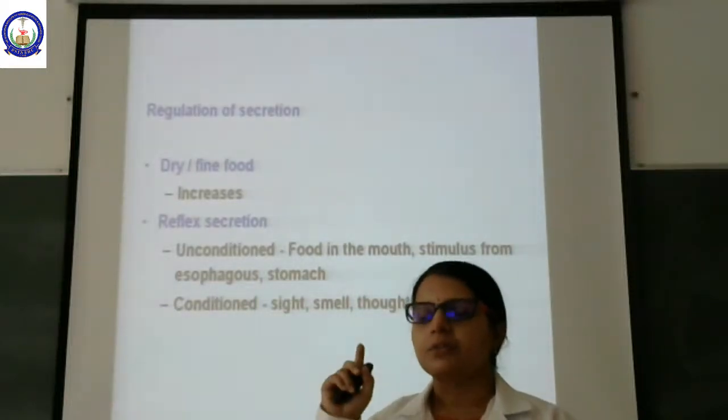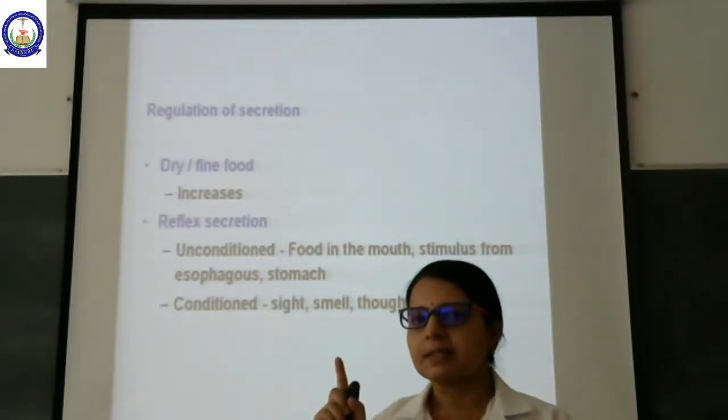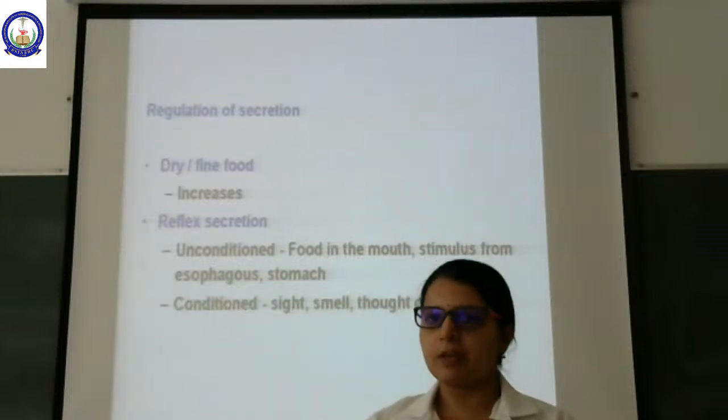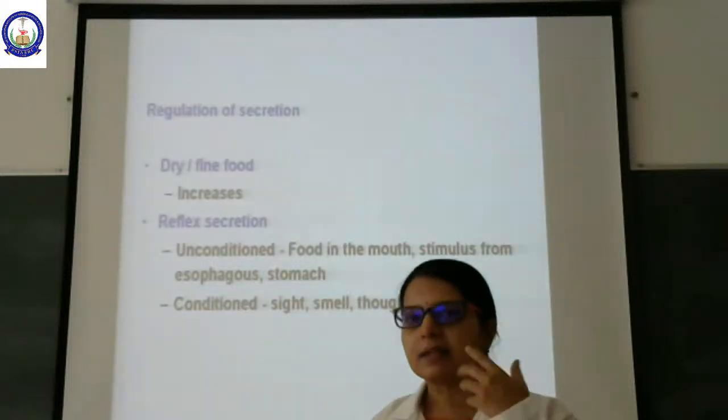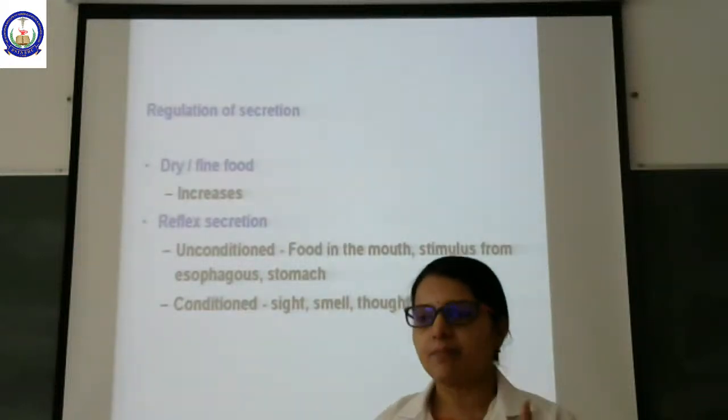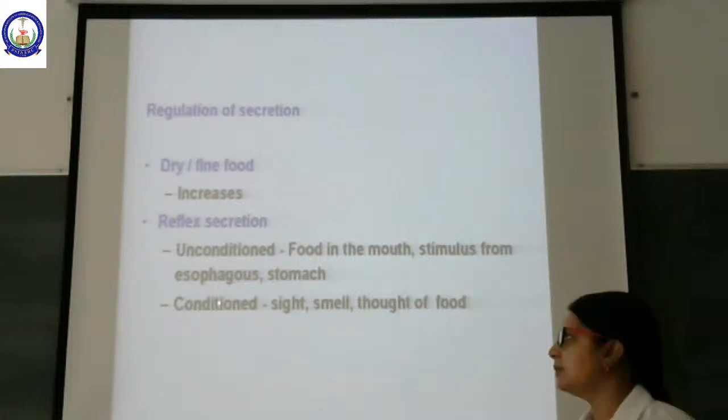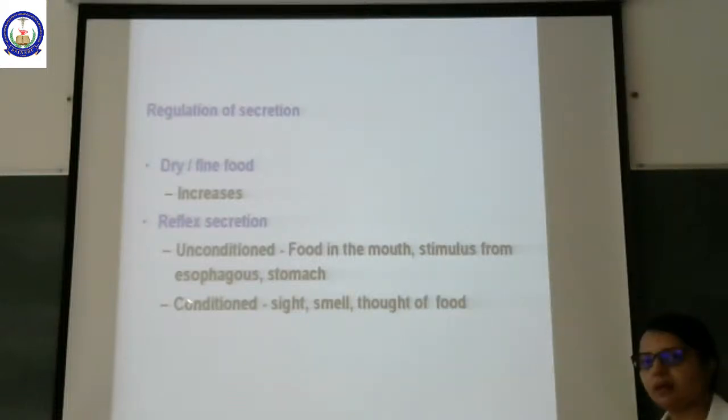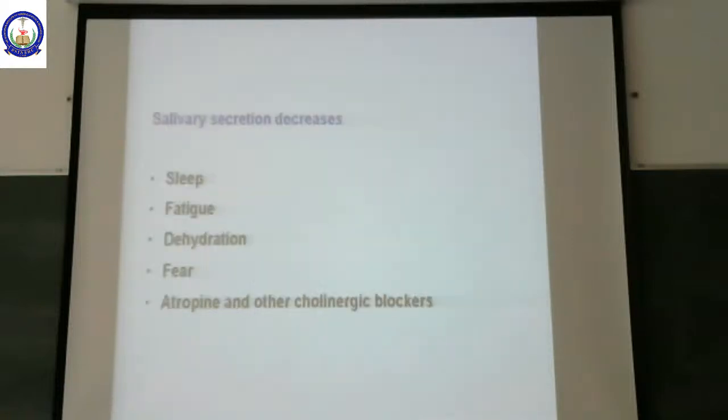So just by ringing the bell, as it was associated with giving food, the dog started salivating. This made him think that salivary secretion can be increased by means of a conditioned reflex mechanism. That is, the sight of the food, the smell of the food, or the thought of the food itself can stimulate salivary secretion.